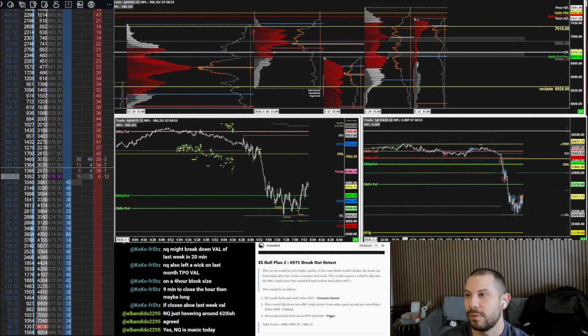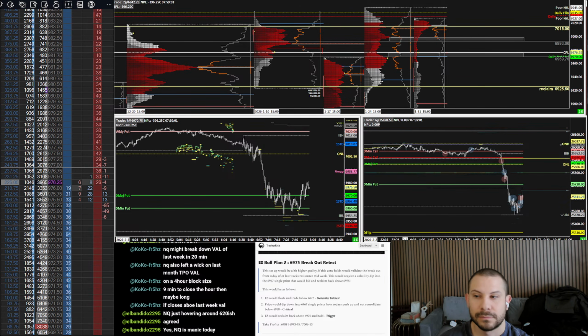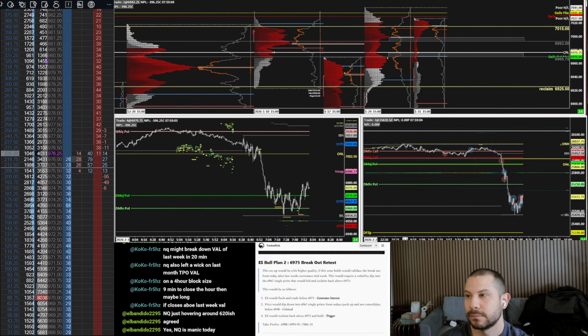Creates a big tug and pull. Look at this thing. NQ's about to drag it lower. Gross.